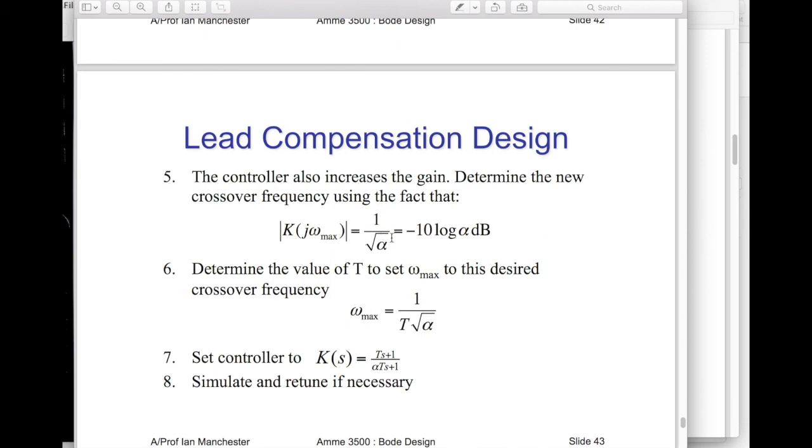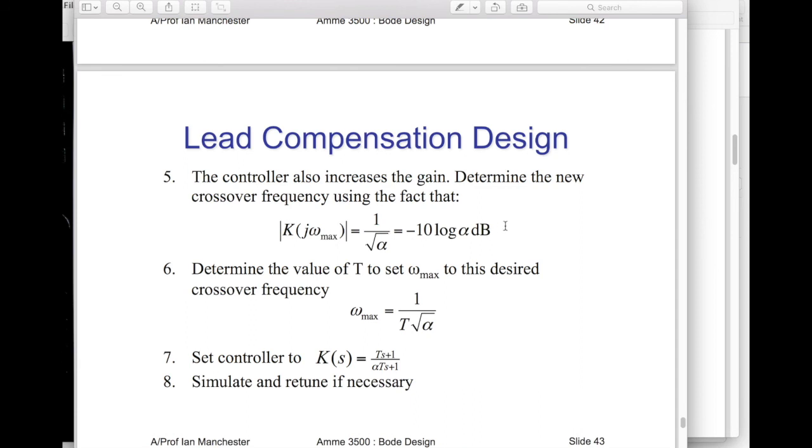Alpha is generally going to be less than 1, so 1 over square root alpha will generally be larger than 1 for most lead designs. And again, if alpha is less than 1, log of alpha will be a negative number, so minus 10 log of alpha will be a positive number.